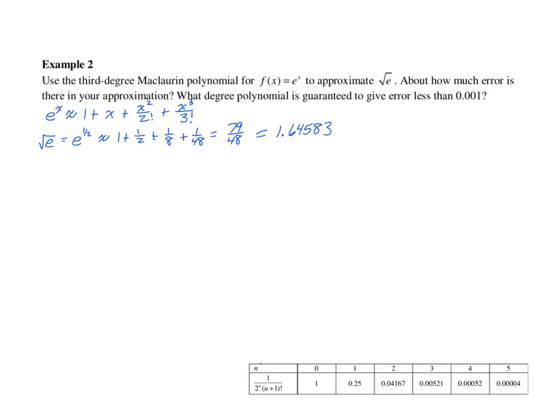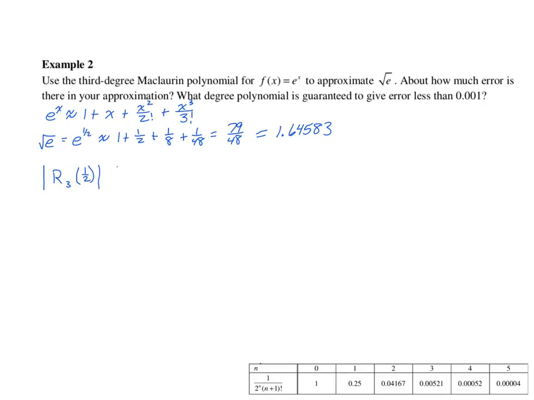So we want to find out how accurate this is. What we need to do is find our remainder. We're finding R sub 3 because this was a third degree Taylor polynomial. We're evaluating this at 1/2.